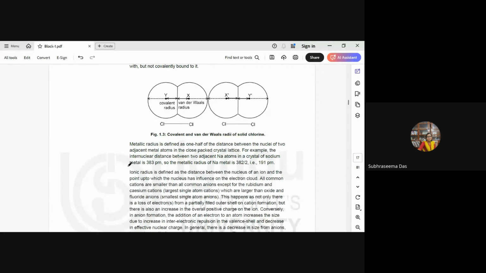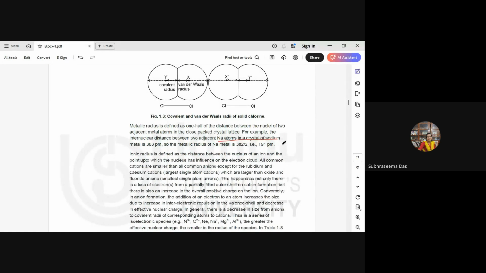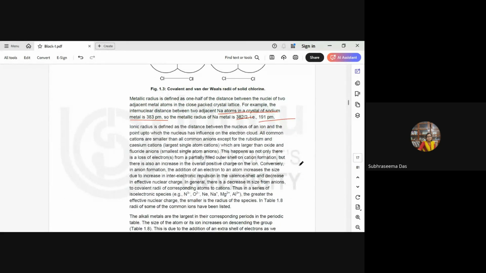For example, the internuclear distance between two adjacent sodium atoms in a crystal of sodium metal is 383 picometers. So the metallic radius for sodium will be 383 by 2, that is about 191 picometers. That is how the metallic radius gives us the distance between two metal atoms packed inside a lattice. Then comes the ionic radius.